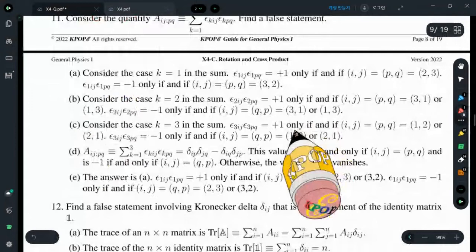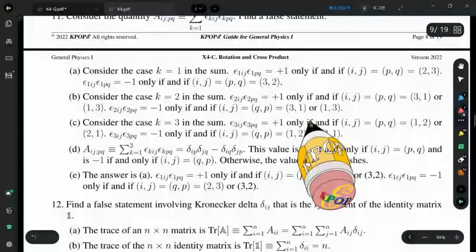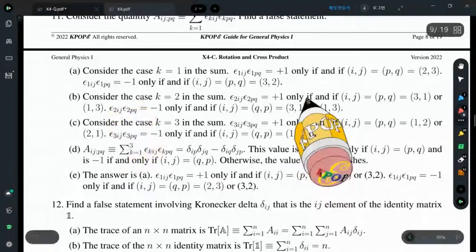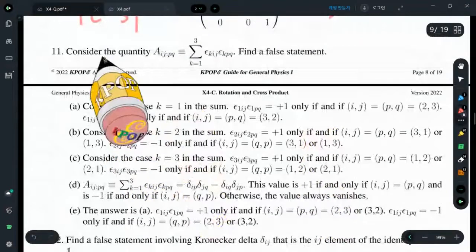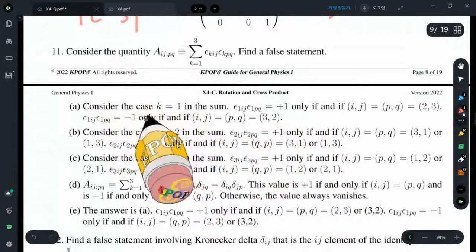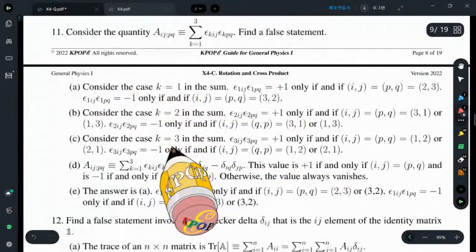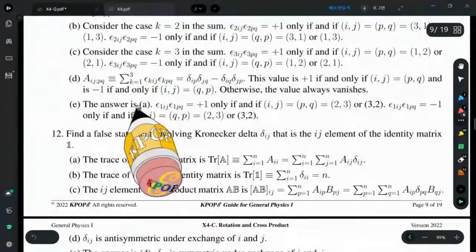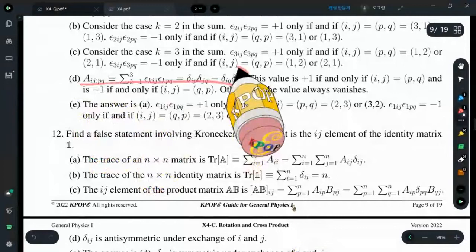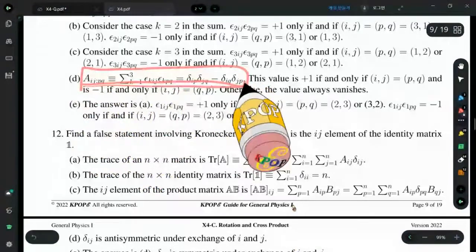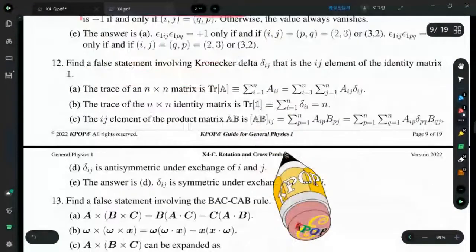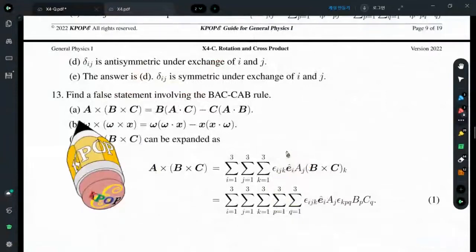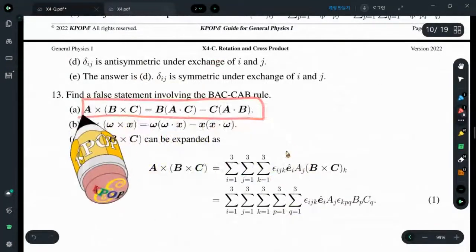Let's see. It is an advanced calculation. So if you wish to study this, actually this one is a very important result that is closely related to the BAC-CAB rule.